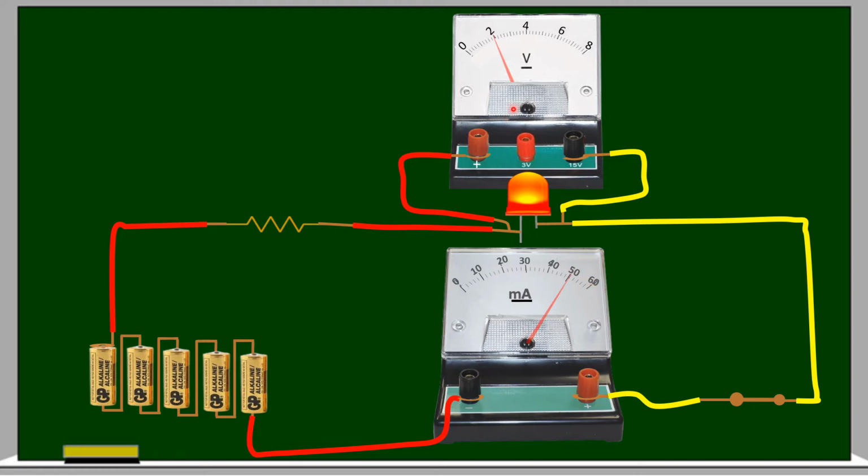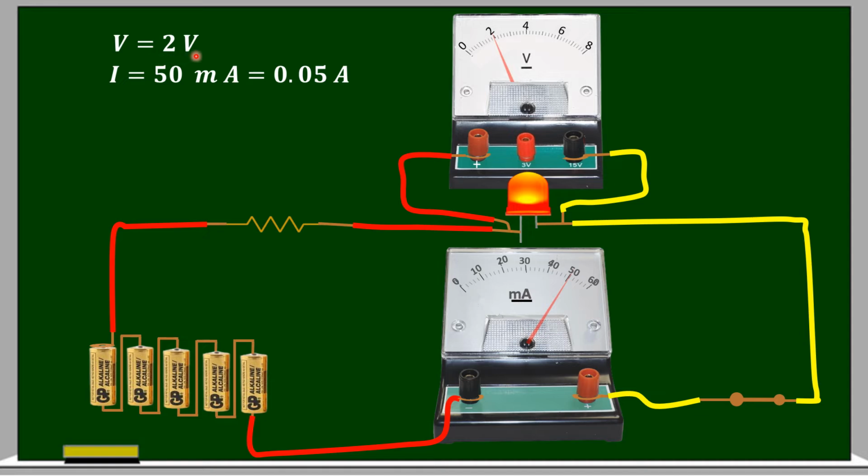Let us note down the voltage and current. The voltage applied between the two terminals of the LED is 2 volts. How much current is passing through it now? It is 50 milliamperes.